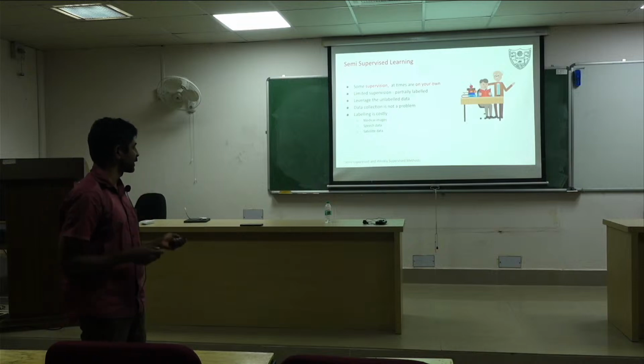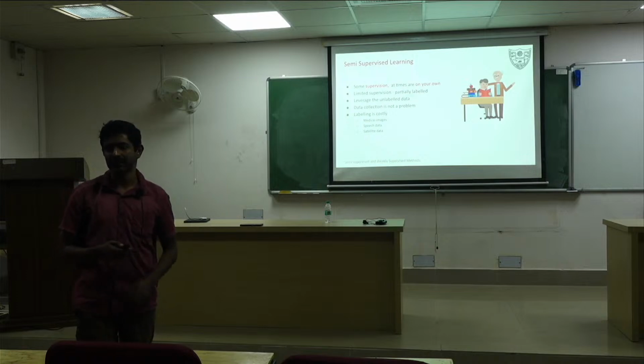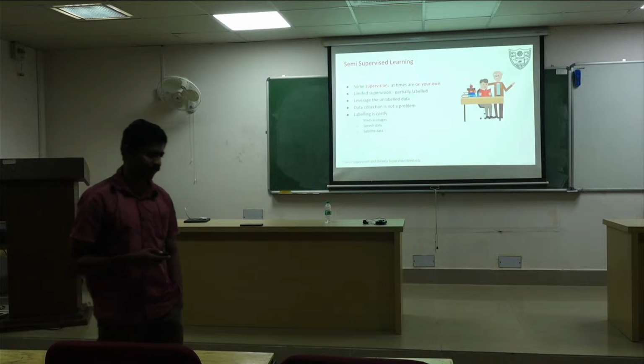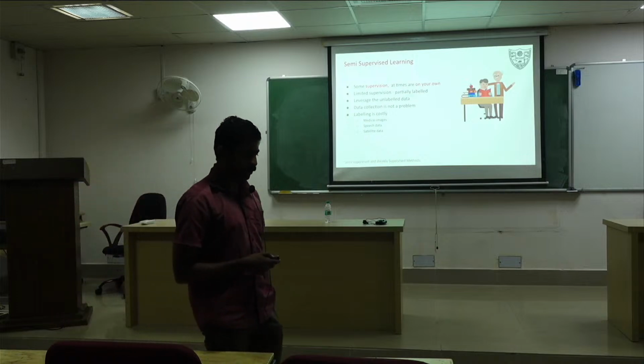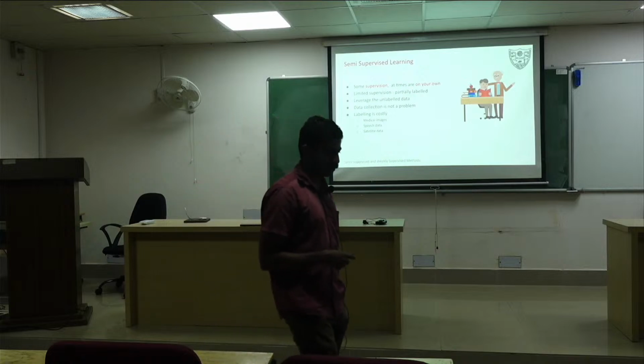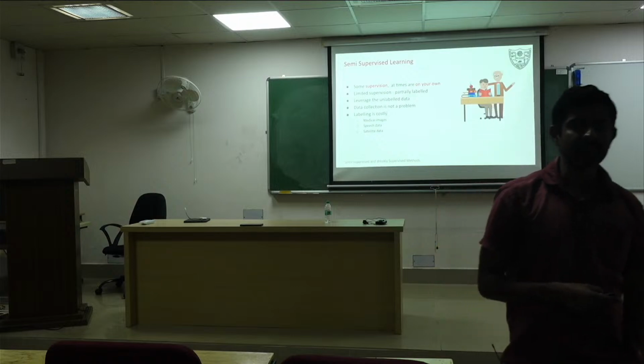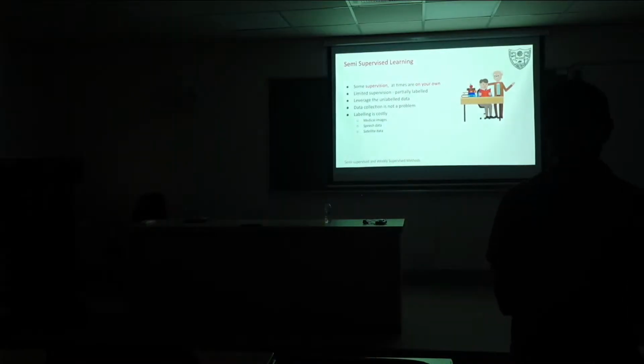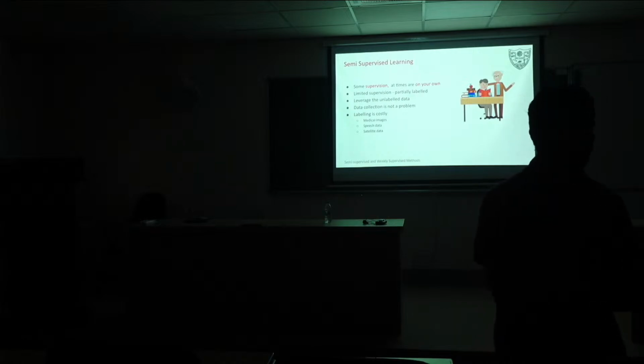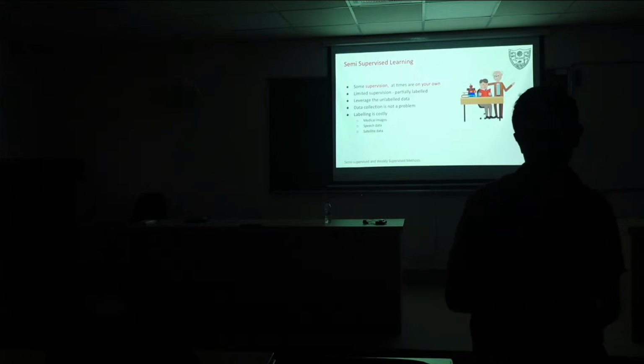So this labeling is costly, whereas acquiring the image is many times not that costly. This is our experience also. We were approaching a pathologist for some of these cytology images, and what we found is that they can give us a lot of images, hundreds of images, and the point is we don't have labels for them.